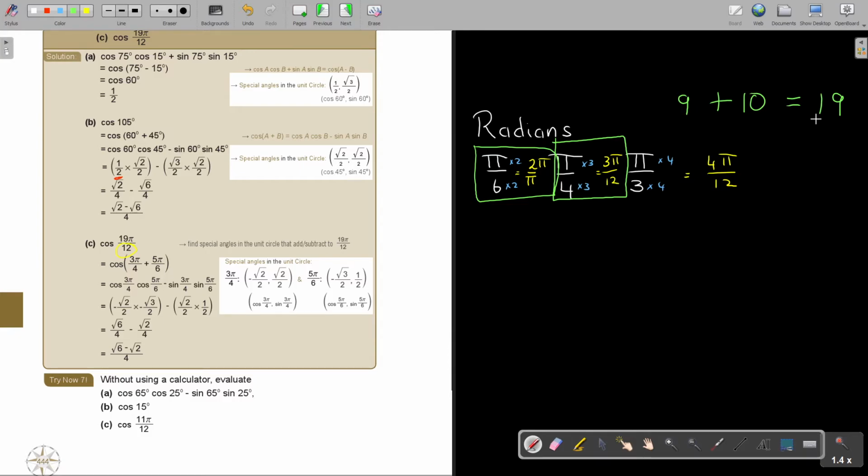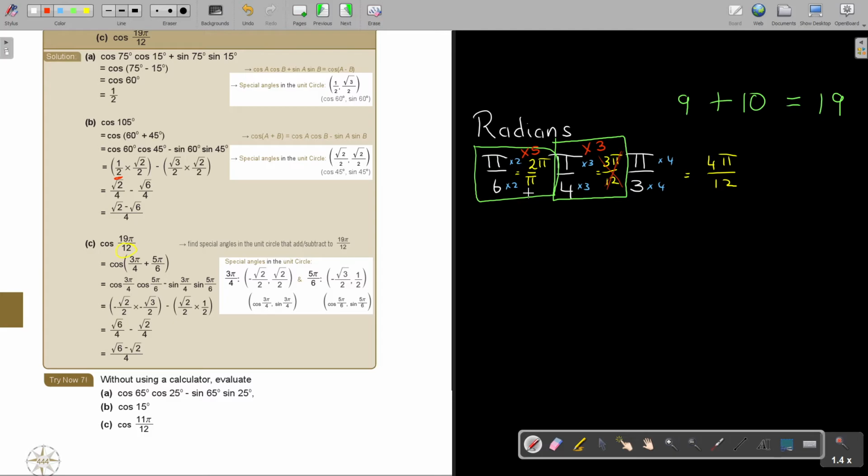But what must I do with this one to go to, because it must be 3 times as big? Do you agree? So this was just to help you. But this is 3 times, so I will times it with 3. Then it will be 9. And this one, I will times it with 5. Do you agree? To be 10. So this was actually 3 times 3, which is 9, and 2 times 5, which is 10.